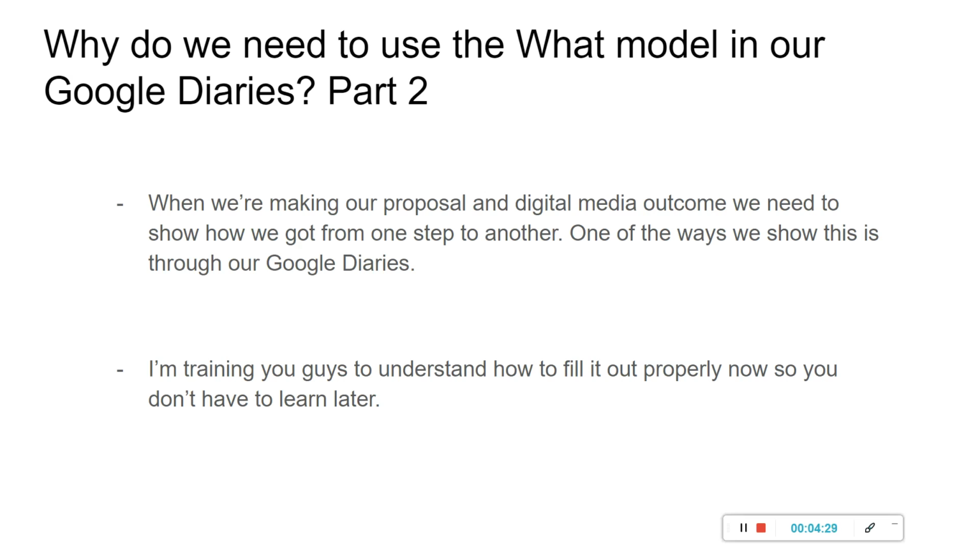The Google Diaries with the what did I do today, why, and now what do I have to do is a way to show evidence of your journey of learning in creating these two things, this proposal and digital media outcome. It shows every single step of your thought process, the problems you find inside the classroom when you're making these proposals and digital media outcomes, the solutions you came up with, and your actual creation of those solutions.